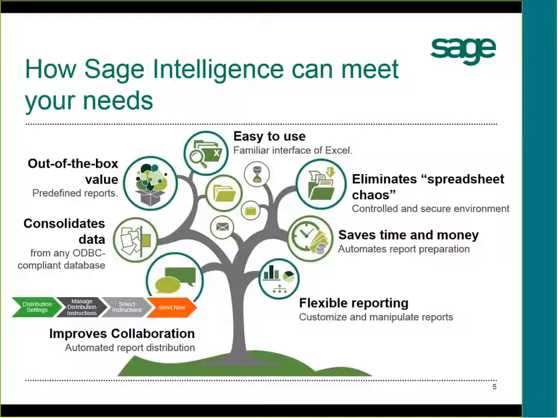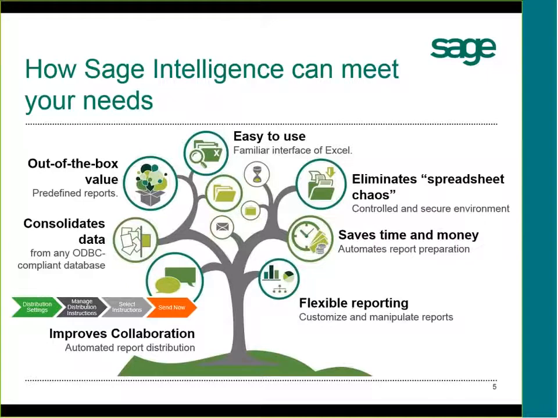And we also enable collaboration. So this is very important for your users. Once you create your reports, you can send them to distribution lists, to single people, to a single email. You can send it to a Dropbox if you want. You can send it to anywhere on your network. And you can also send it in the format, of course, Excel, but you can also send it in a PDF format, HTML.